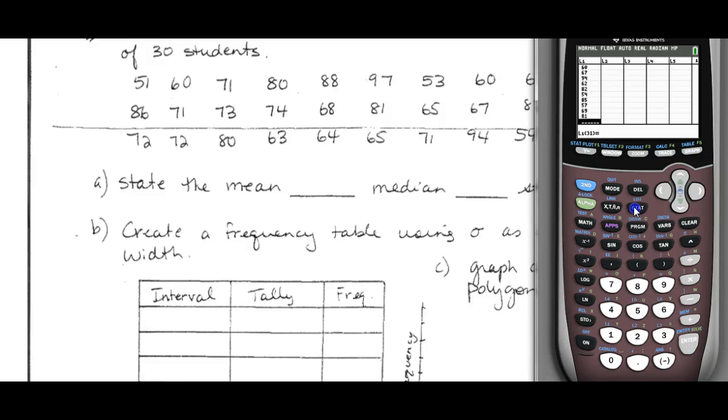So we want to go to stat, calc, one var stats, right? And that's all we want, because all we have is the data in list 1. So frequency list, leave it blank, say calculate. There it is, we got the mean. What's the mean? 71.2 or 71.17.